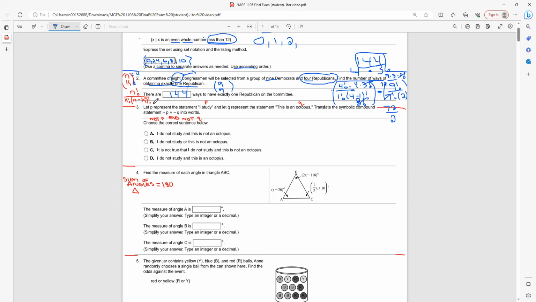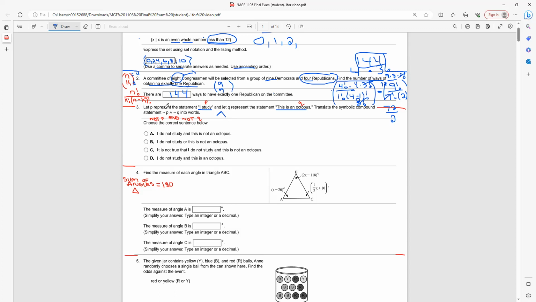For number 3, we want to let P represent I study. Let Q represent this is an octopus, and then we're going to translate this symbolic statement into words. So remember these symbols: not P, that represents not P, and our up caret represents and.